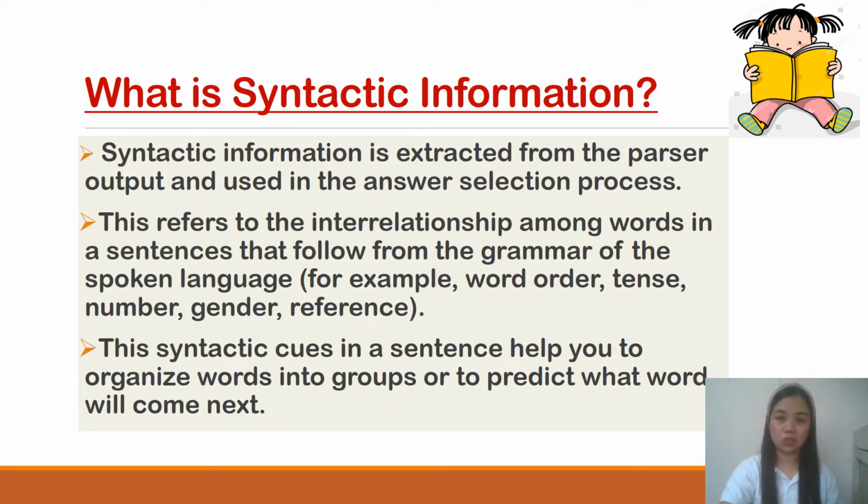Tense refers to when the action in a sentence takes place, whether it happened in the past, is happening in the present, or will happen in the future. And number means the use of singular and plural. This syntactic use in a sentence helps you to organize words into groups or to predict what word will come next.